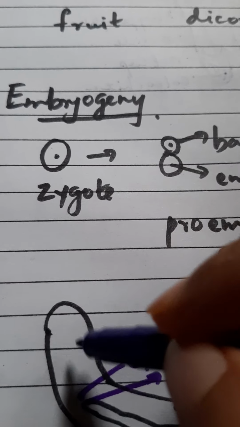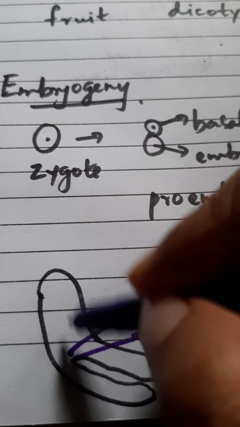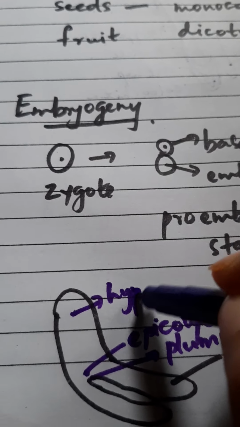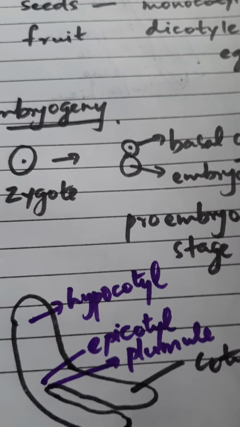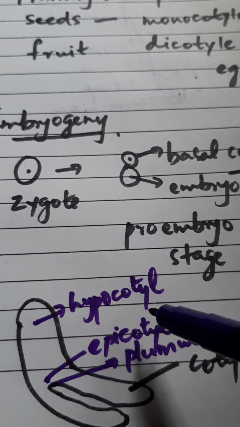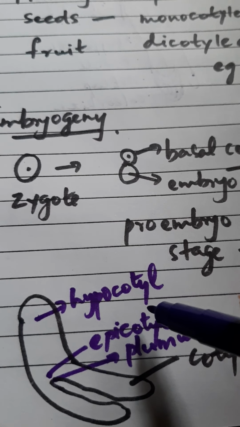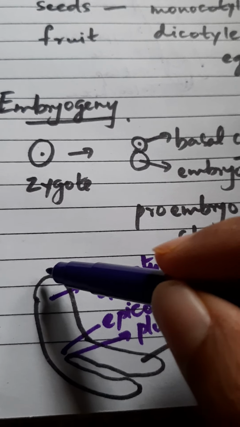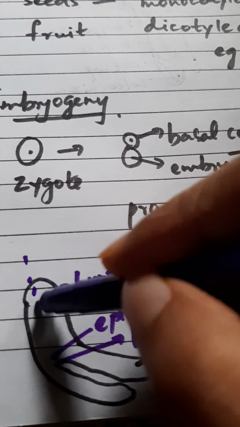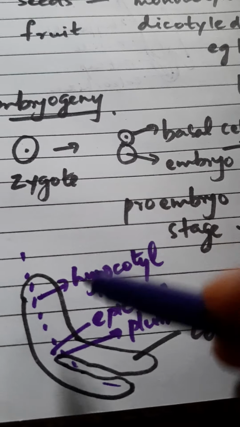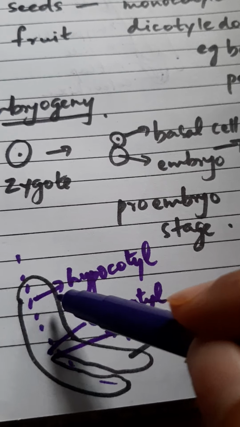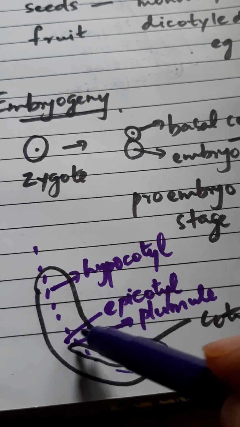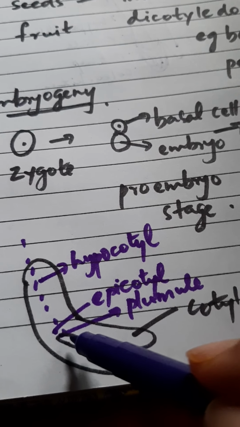Whereas the bottom part of the embryo will have a tissue called hypocotyl. Hypocotyl tissue actually forms a stem of the embryo. So if you imagine this as the future stem, and if you imagine this as the embryo axis, the hypocotyl will divide and form the stem. The epicotyl will develop to form the leaves, and the plumule will become the shoot.